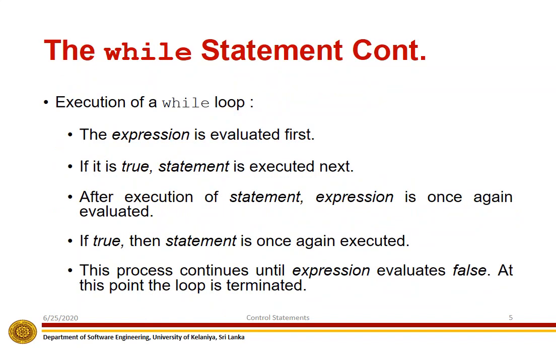So in the execution of a while loop, the expression is evaluated first. If it is true, the statement is executed next. After execution of the statement, the expression is once again evaluated. If true, then the statement is once again executed. This process continues until the expression evaluates to false. At this point, the loop is terminated.